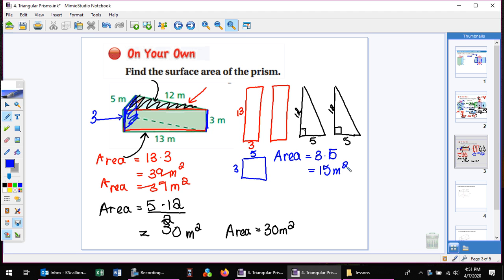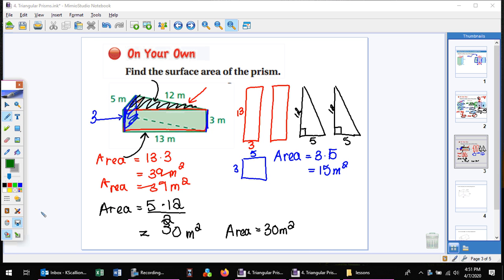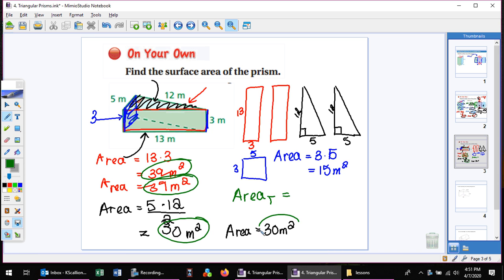Okay, so now to get my total area, all I have to do is grab a green since I don't have any greens. So the total area is going to be 39 plus 39 plus 30 plus 30 plus 15.